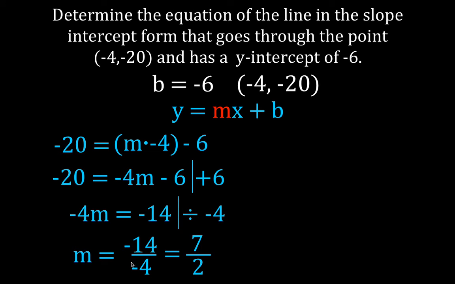Remember, a negative number divided by a negative number gives you a positive. 14 fourths can be reduced to 7 halves. Okay, once again, we're done. B is minus 6, m is 7 halves, and we write down y equals mx plus b, y equals 7 halves x minus 6.